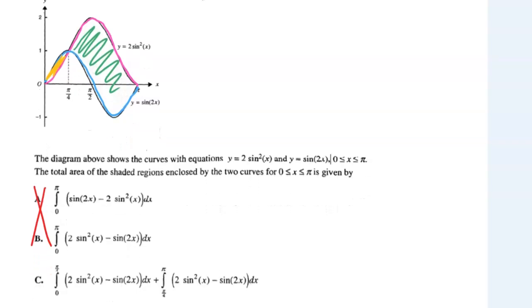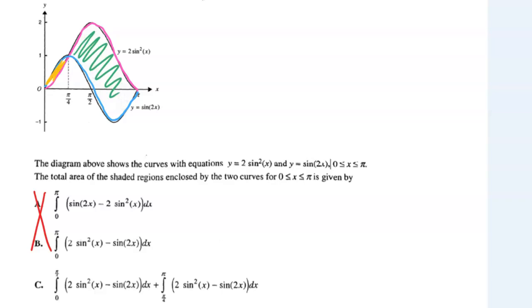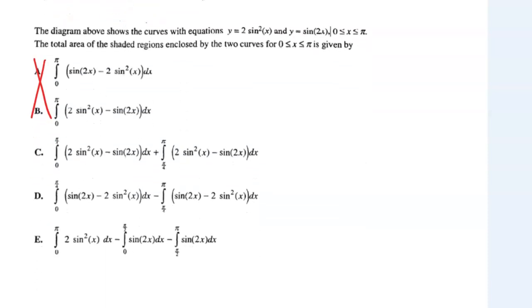So we've gotten rid of 2 options. Now we need to have a little look-see. We see that the region where the functions change which one is on top and which one is underneath is pi on 4. So having a little look here, I can see pi on 4, pi on 4. And this last one's quite interesting. I noticed that this goes from 0 to pi, and it also, within this integral, it doesn't subtract the other function.